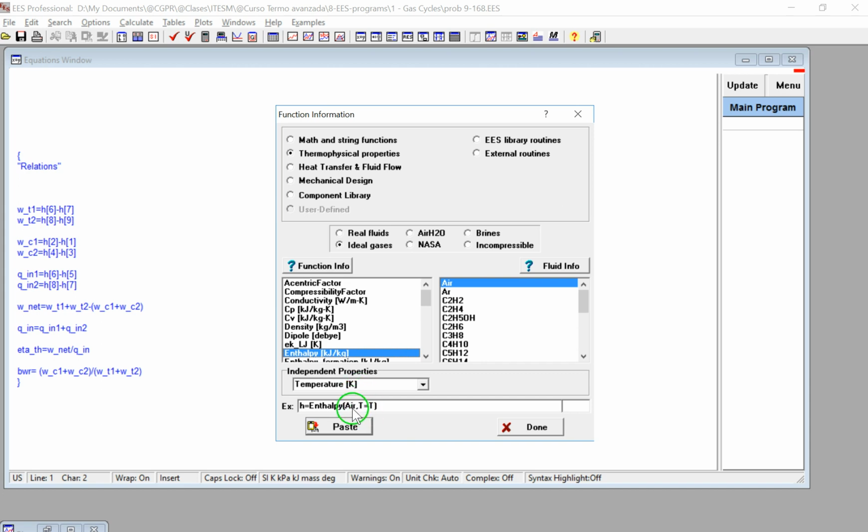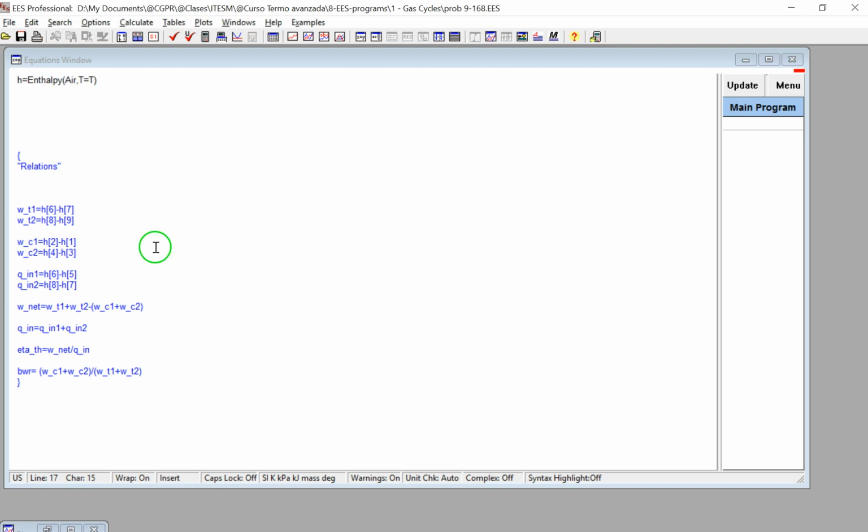Enthalpy is only a function of temperature. And notice that we are using square brackets that will create an array that lets us, at the end, plot it against the property table, the property plot if we want. So I will add this.